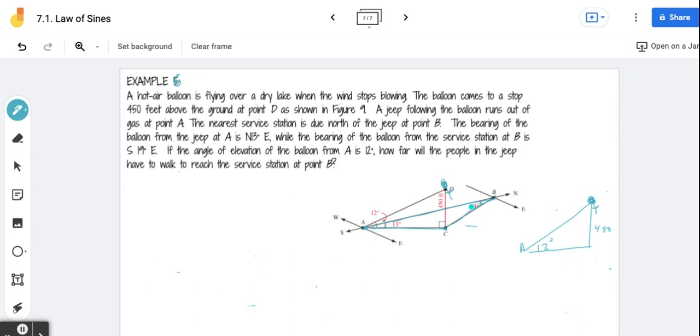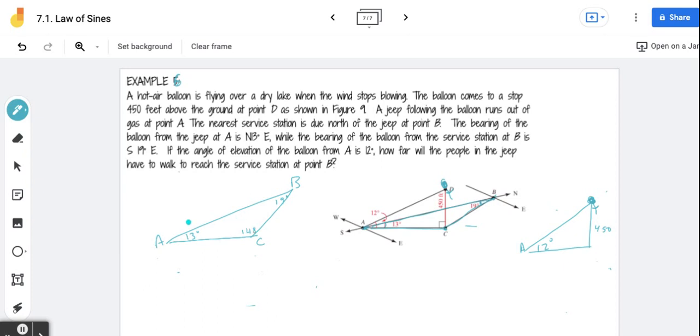So this whole triangle is on the ground. Well, right now we have two triangles, and if I pull that triangle out, this is A, B, C. And I know this is 13 degrees, and I know this is 19 degrees, and 13 and 19 is 32, so this would have to be 148 degrees.